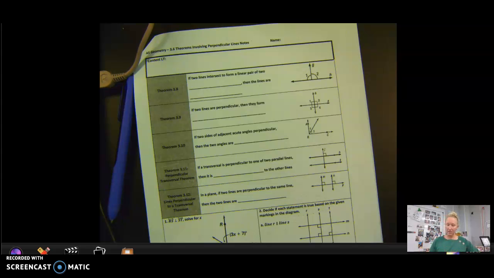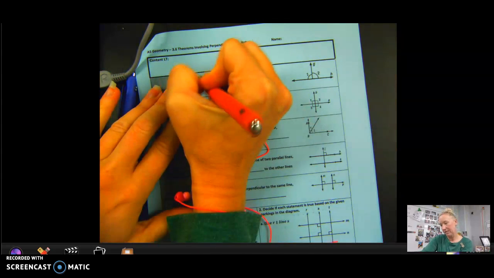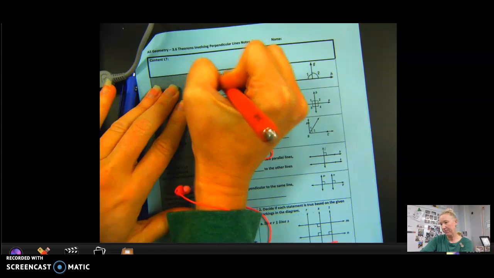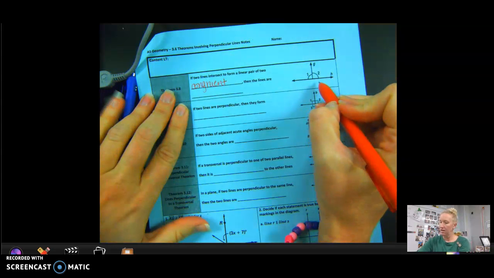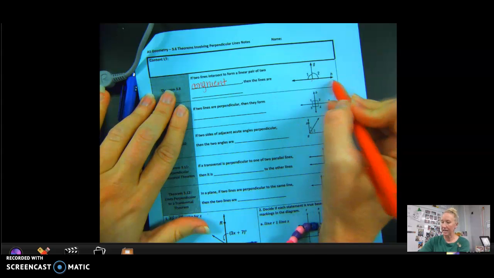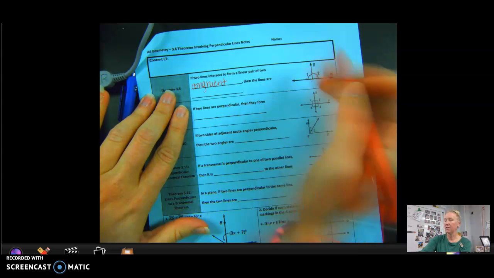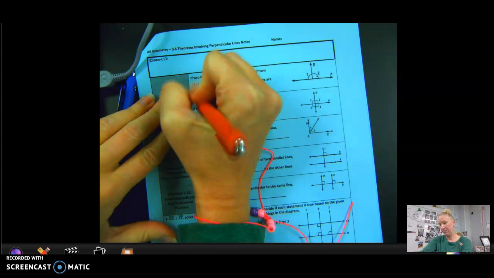Theorems involving perpendicular lines notes. So, if two lines intersect to form a linear pair of two congruent angles, what that means is, I'm intersecting G with H, right? And when I do that, G is intersecting a line, and it creates this angle and this angle, and those two angles are equal to one another, then the lines are perpendicular.